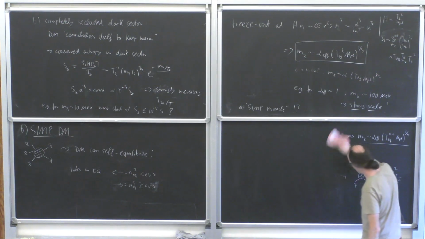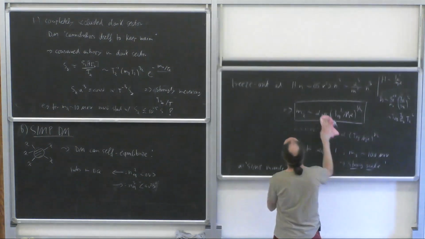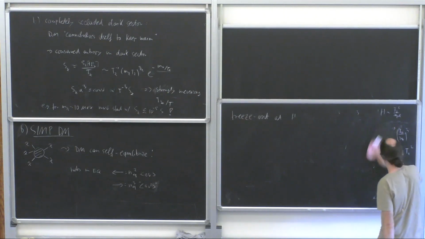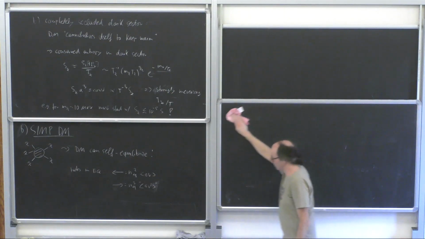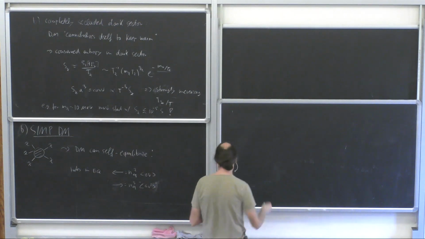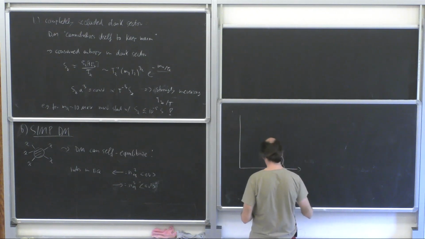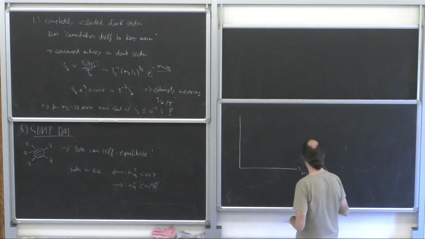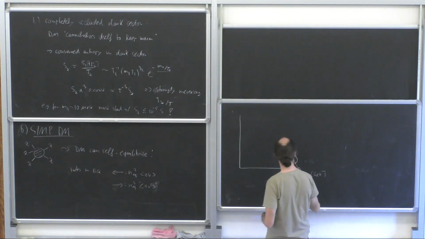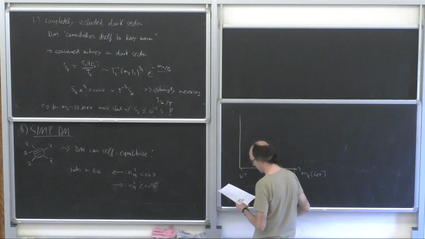So let's attempt a kind of phase diagram also for this situation. Here I have the dark matter mass in GeV. I go up to 1 GeV, and my plot starts at around 10 to the minus 4.